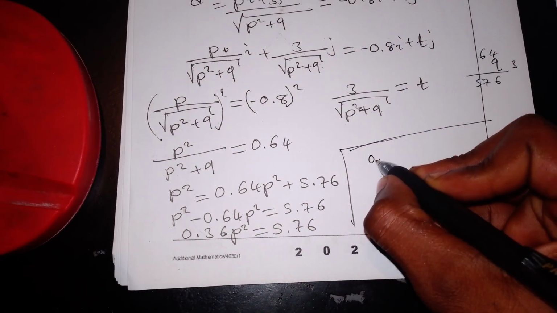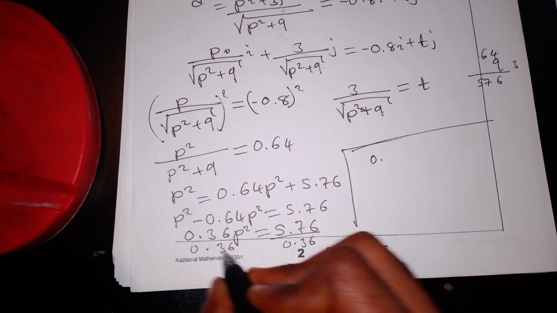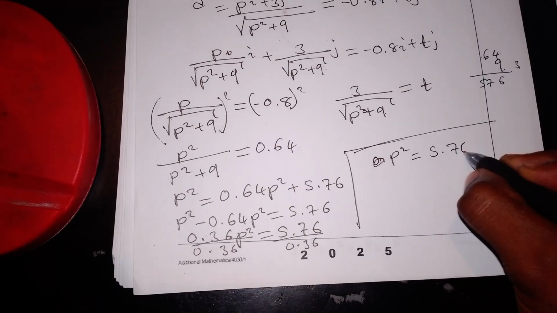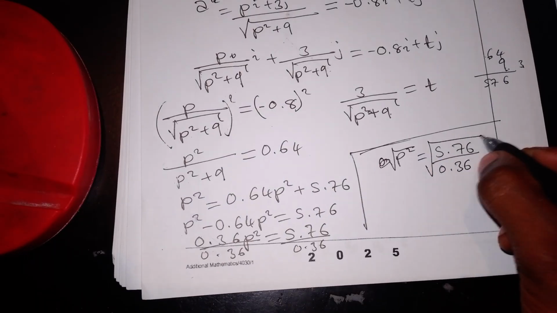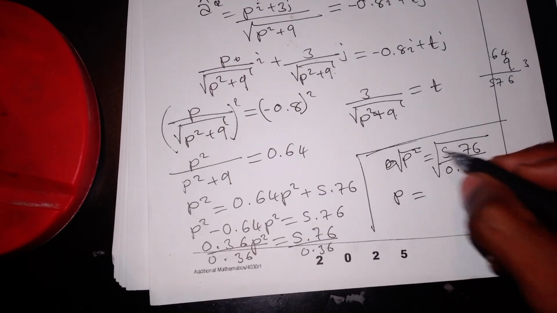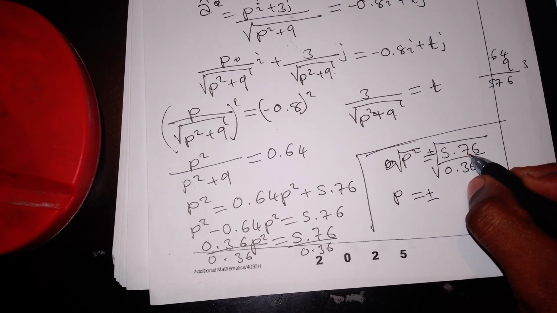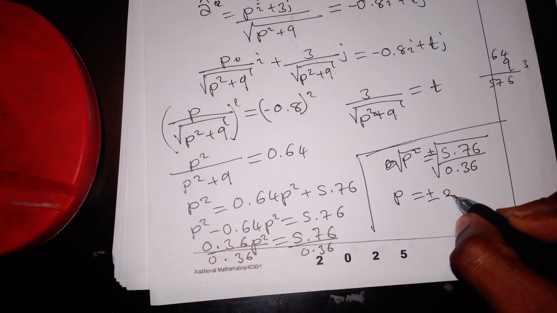Dividing both sides by 0.36, this will give us p squared is equal to 5.76 over 0.36. If you have your calculator, just divide these two numbers, but because I don't have one, you can just do it from here. So my p will be plus or minus the square root of this, which is like 576, whose square root is 24, so it's 2.4.